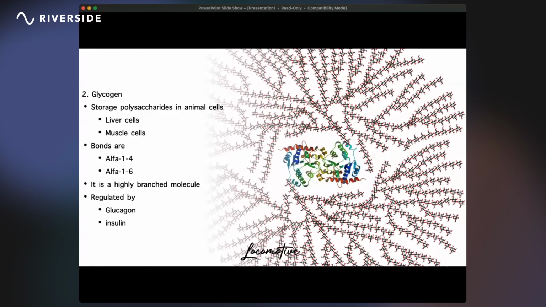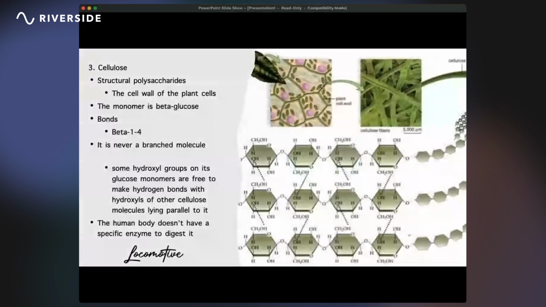And the third one is cellulose. Cellulose is the most abundant organic molecule on the planet. It's a structural carbohydrate. It contains beta-glucose monomers joined by beta 1 and 4 linkage.